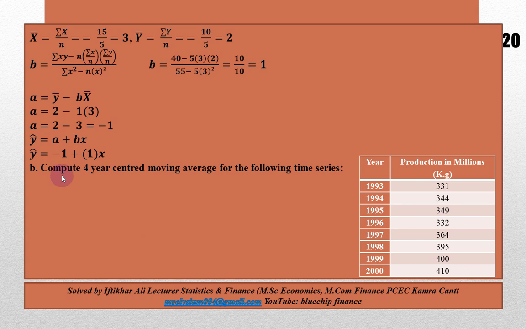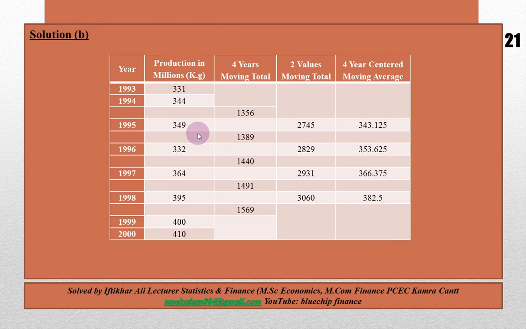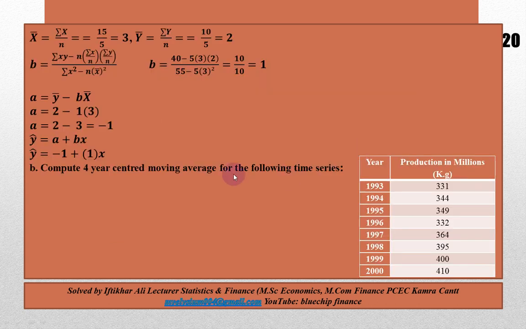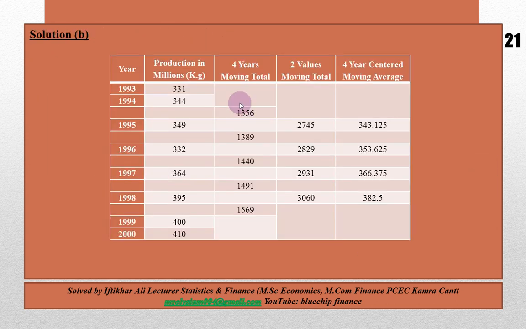B part is to compute 4-year centered moving average for the following time series. So first of all, we want to calculate 4-year centered moving average. So we leave 2 values from top and 2 values from bottom, and place the total of 4 values in between the second and third and fourth and fifth and sixth and 7th.